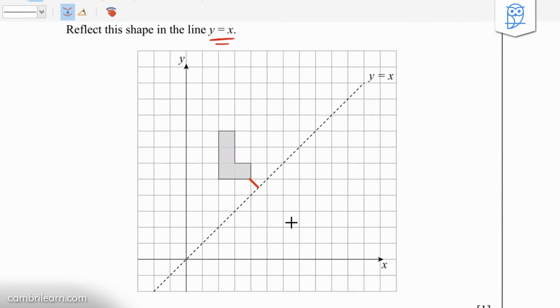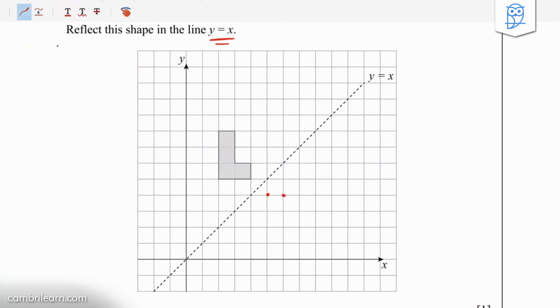So we know that our first point will just be right there. Okay, so where will the next point be? The same thing. We can think of this vertex and go directly to my line of reflection and see that this distance has to be the same to a new point. Okay, so here's my new point.